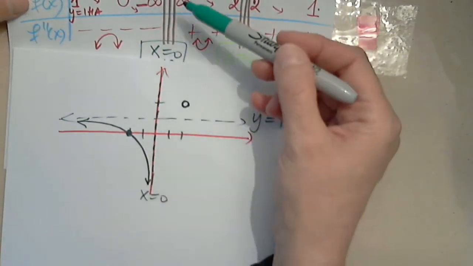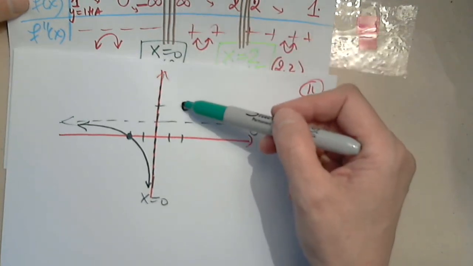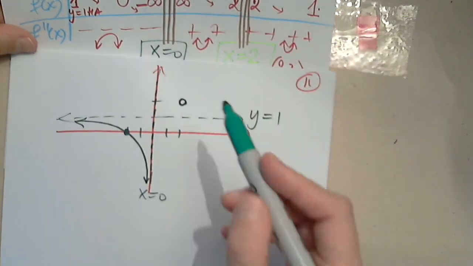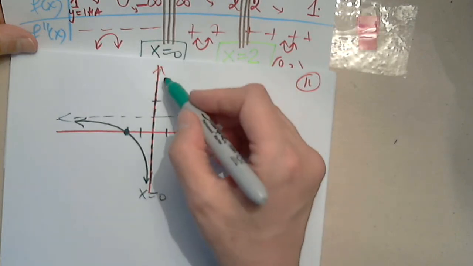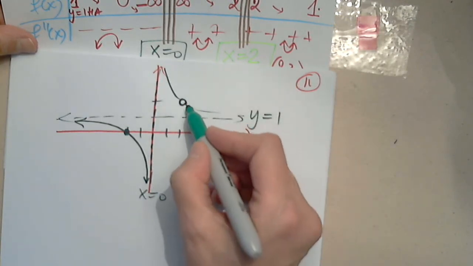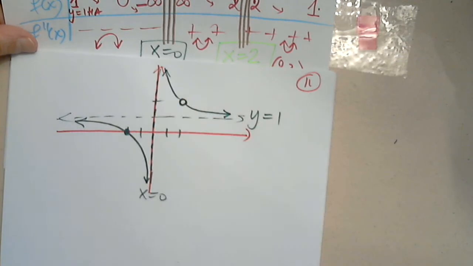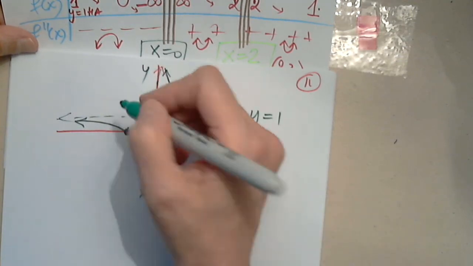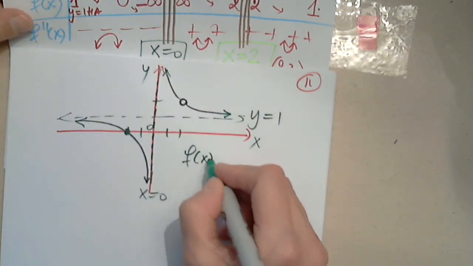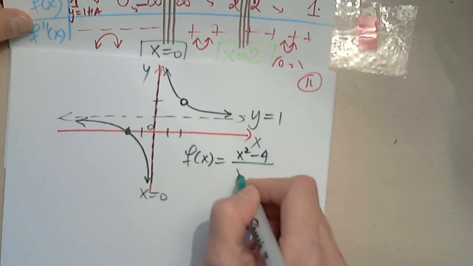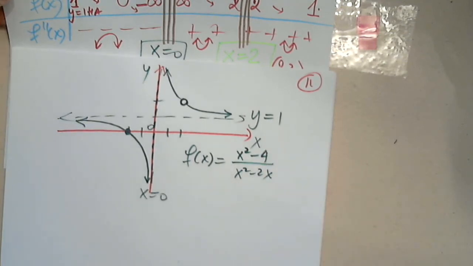On the other side, the function is coming from positive infinity, goes through the hole, you know what I mean, and it approaches 1. And this is function f of x, x squared minus 4 over x squared minus 2x.